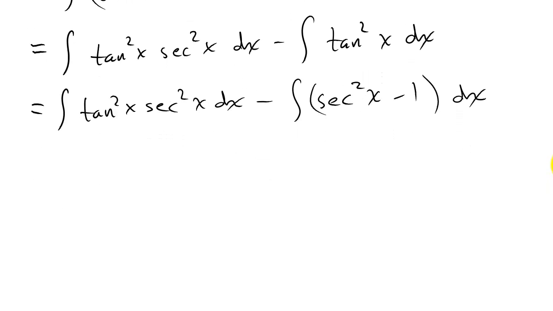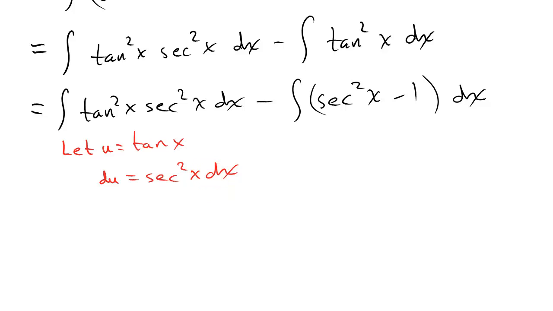Alright, so let's see what we've got. I'm going to use u substitution on this one. I'm going to let u equal tangent x, so that tells me du is equal to secant squared x dx.